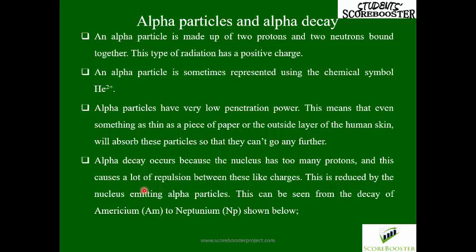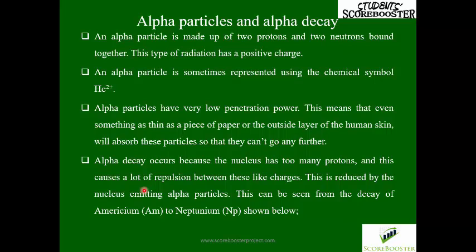It cannot pass through a piece of paper, as thin as a piece of paper is. This is because it is too big to pass through. Then alpha decay occurs because the nucleus has too many protons. We should not forget what we discussed about instability. When we have too many protons, there is going to be a force of repulsion.